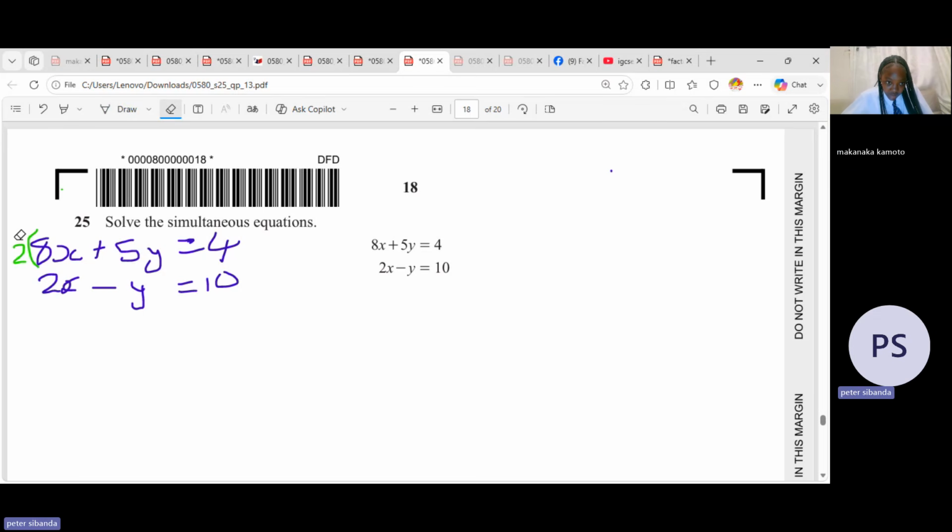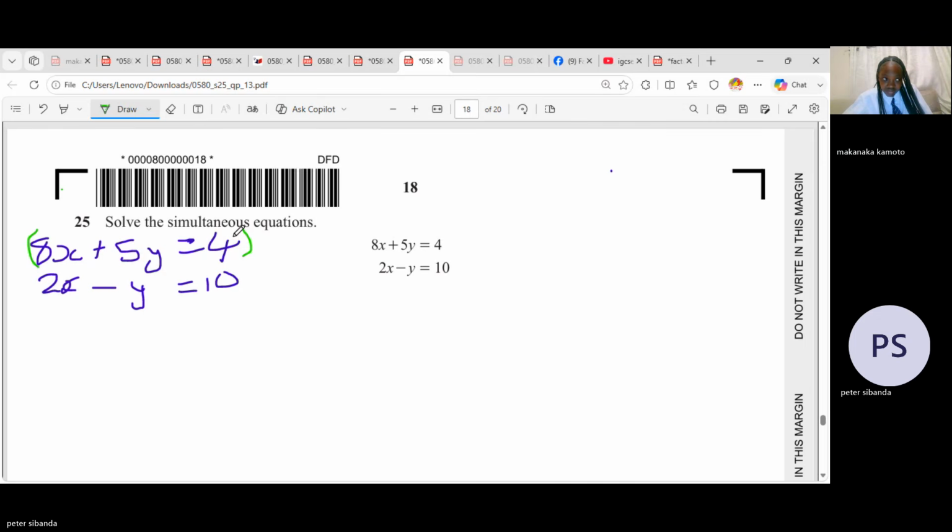That works, but which is the smallest number where 8 and 2 can both get into without leaving a remainder? 16. Is that the smallest? Where both 8 and 2 can get into without leaving a remainder?